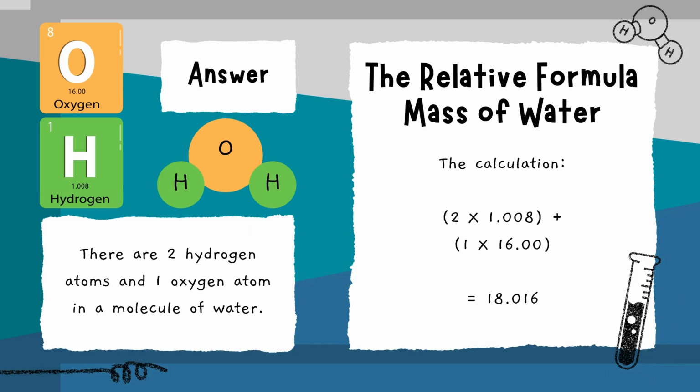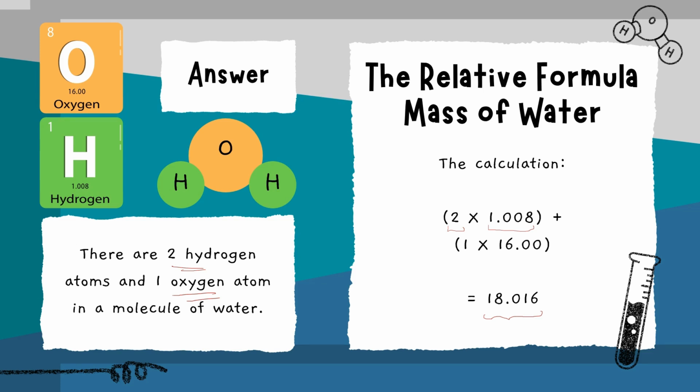If your answer came out to be 18.016, you are correct. If not, I'll explain it to you. In a water molecule, there are 2 hydrogen atoms and 1 oxygen atom. The calculation will proceed as 2 atoms of hydrogen times the atomic mass of hydrogen.